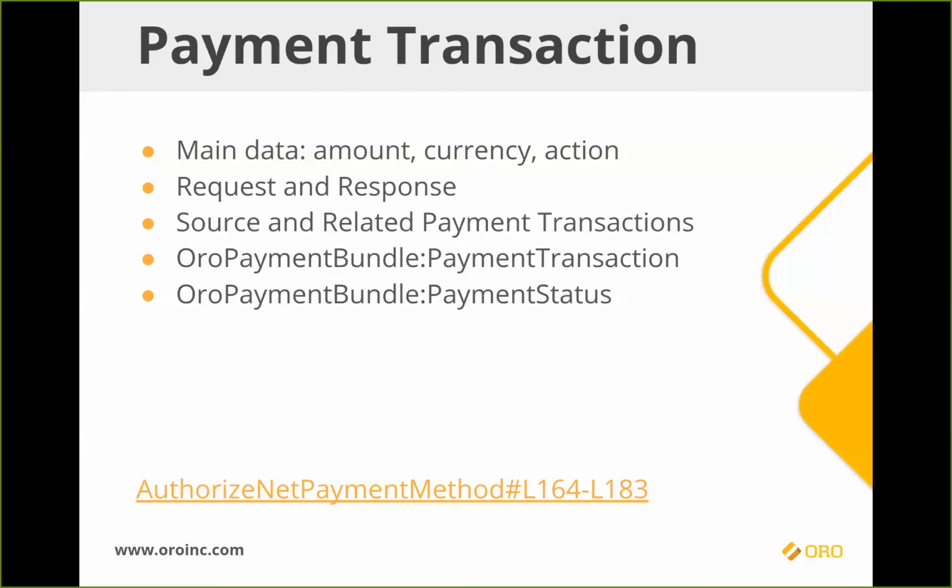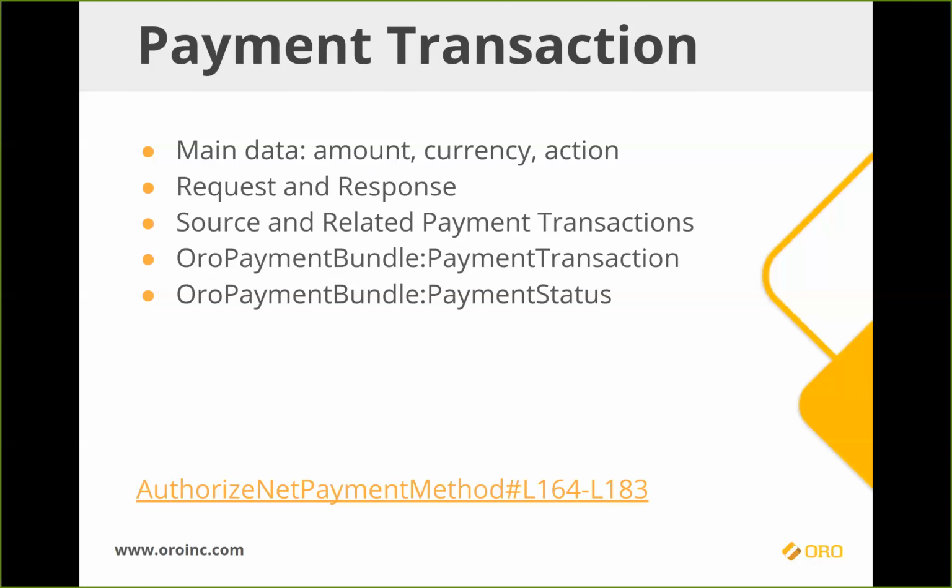You may have source and related payment transactions. Let's say that you need to do three things via Oro. First, you need to validate the action, then you need to authorize some money, and then you finally need to capture or charge them. These three operations are three different transactions related to the same operation on the third-party API level, on the Authorize.net level, let's say, and you need to have the chain.